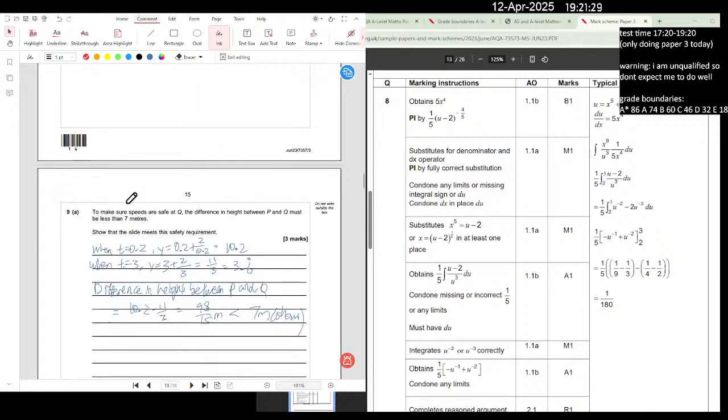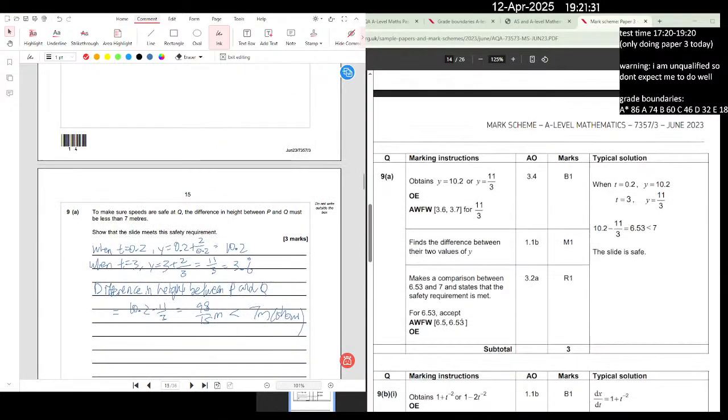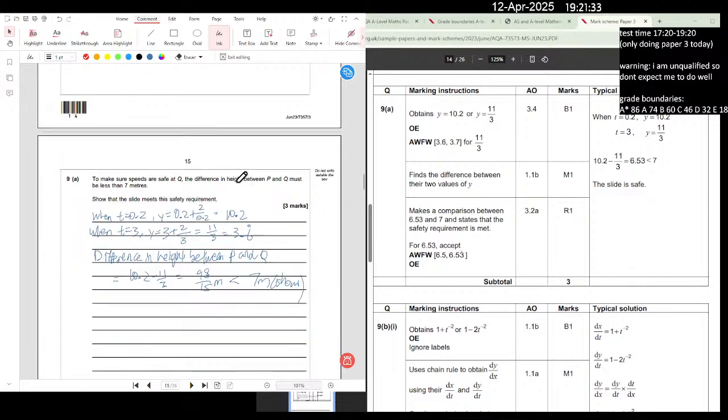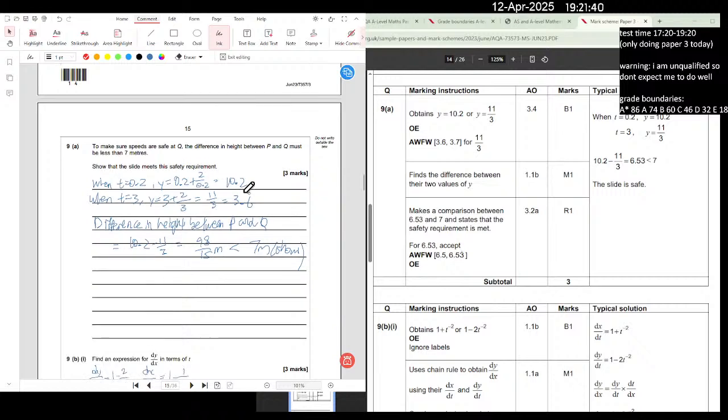Let's go to question 9. Okay, 11 over 3. And yeah, find a difference between the two values of y.